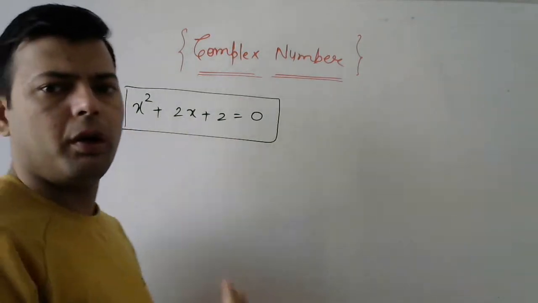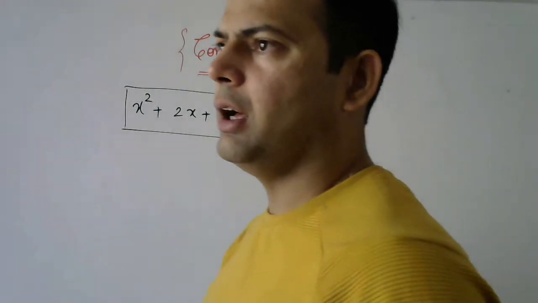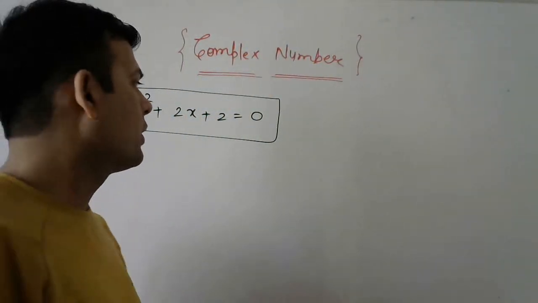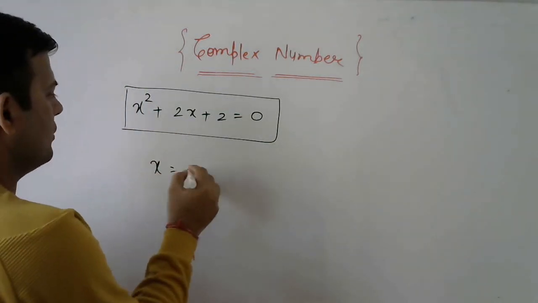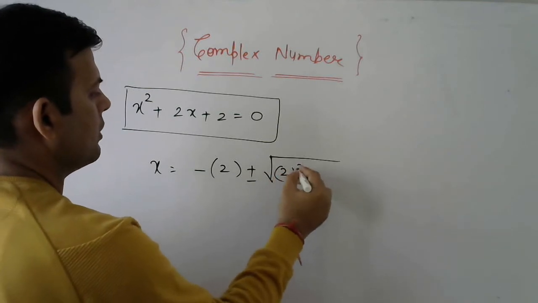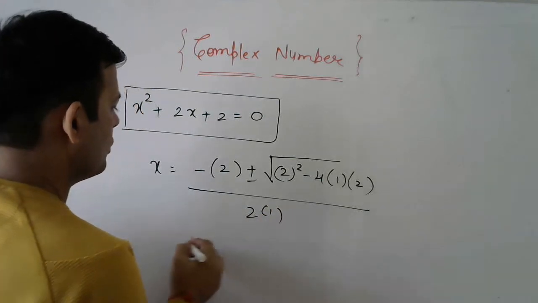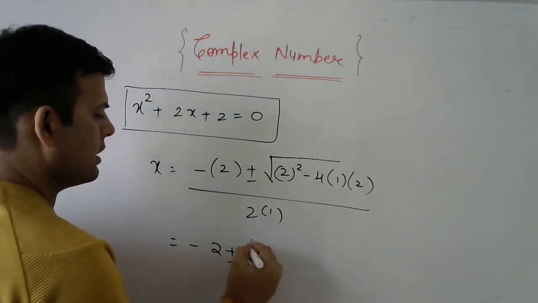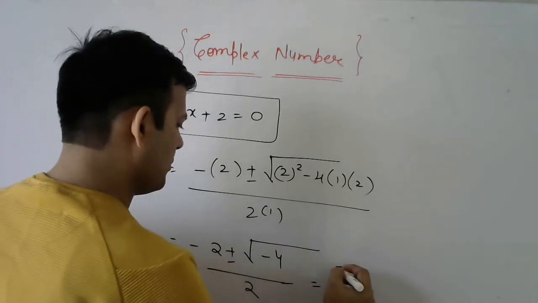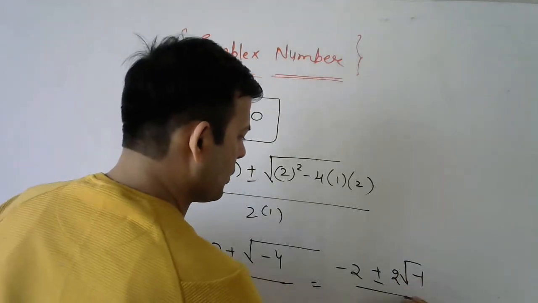If I want to find its roots, I use the formula x is equal to minus b plus or minus under root b square minus 4ac upon 2a. So I will get minus 2 plus or minus under root 4 minus 8, that is minus 4, upon 2. I can write minus 2 plus or minus 2 root minus 1 upon 2.